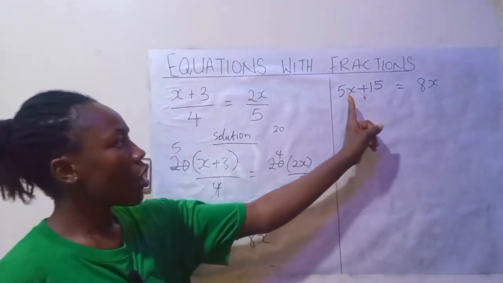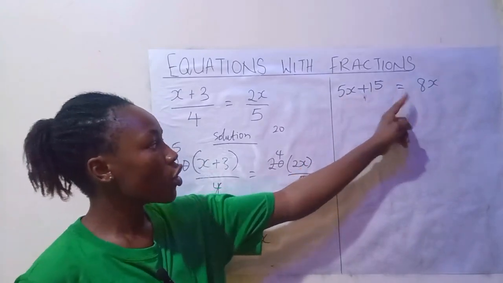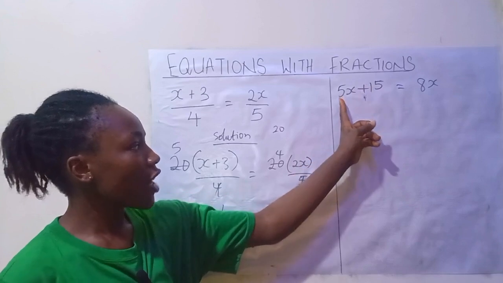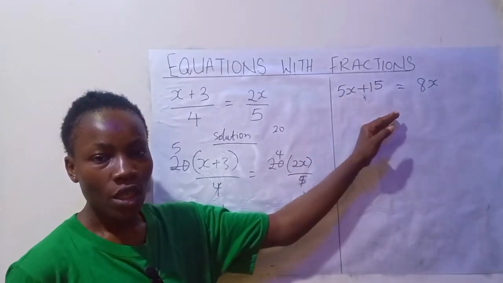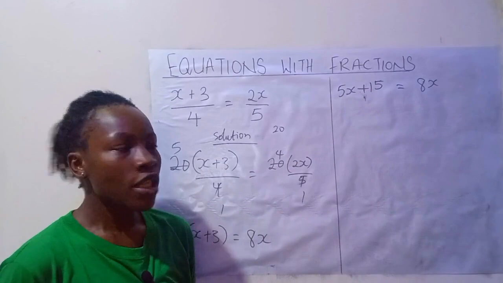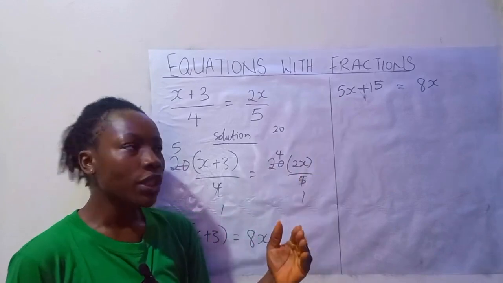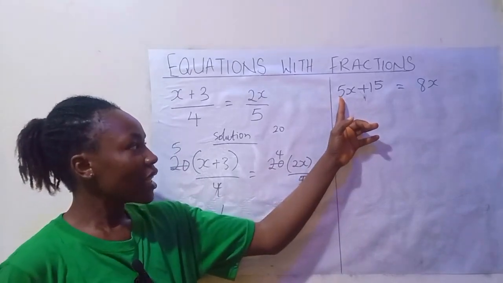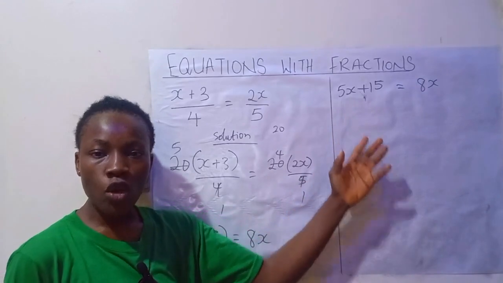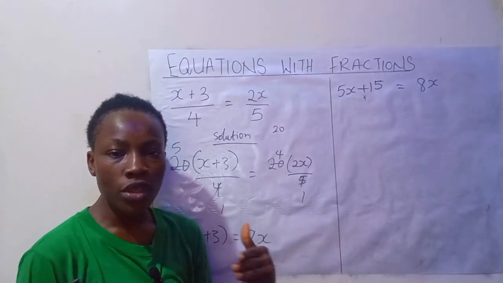So for us to be able to move it to this side, we are going to subtract 5x from both sides. Why are we subtracting it? Because this 5x is positive. Assuming we are having negative 5x here, we are going to add 5x to both sides.